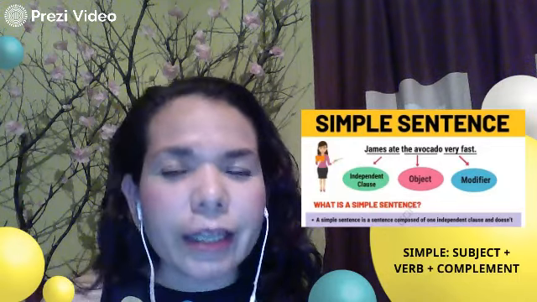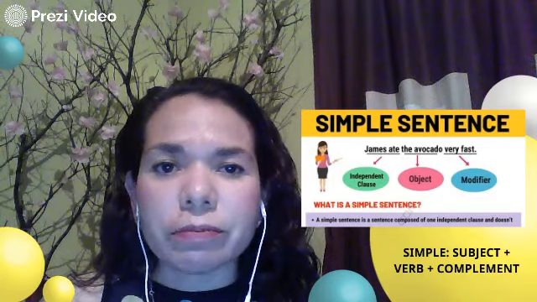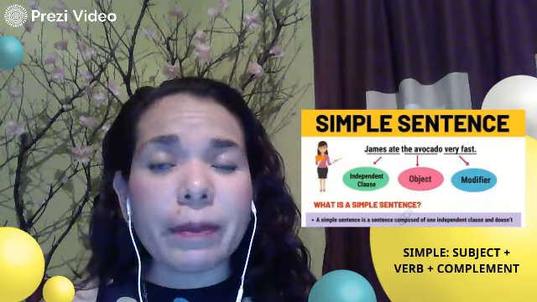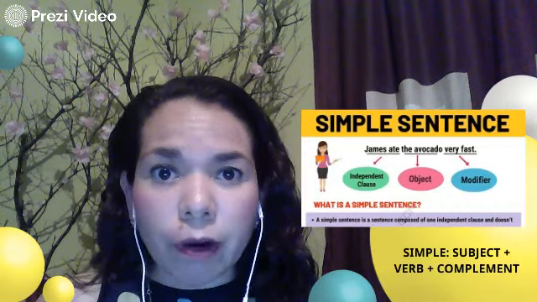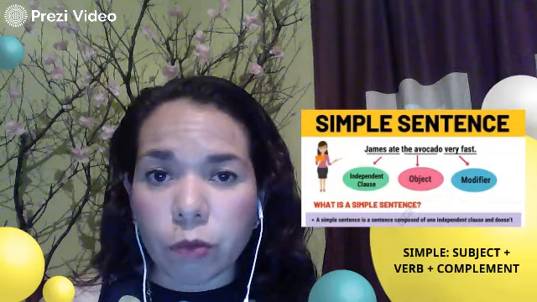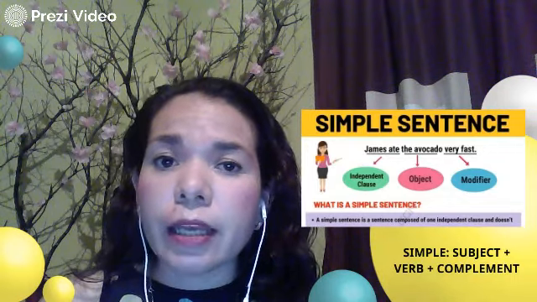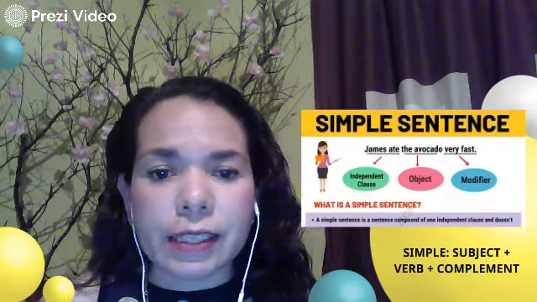It's not true because I like it, but it's an example. Another example can be: did you go to the party? It's a simple sentence. You have one subject and a verb. It's in past and it's a question, but it's a simple sentence.